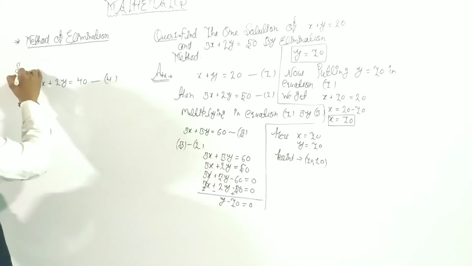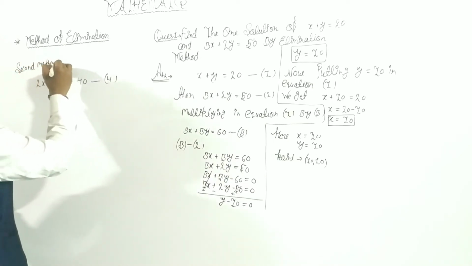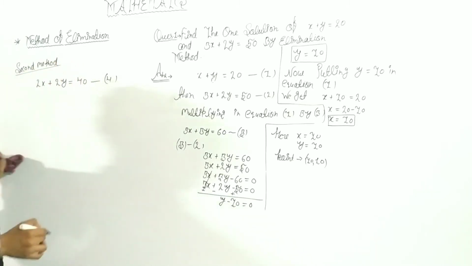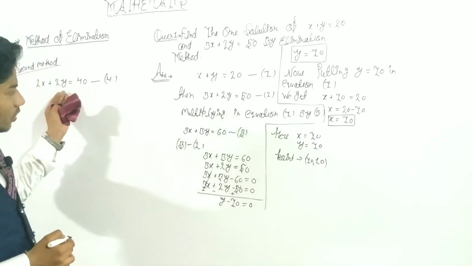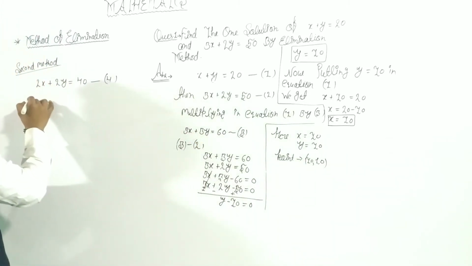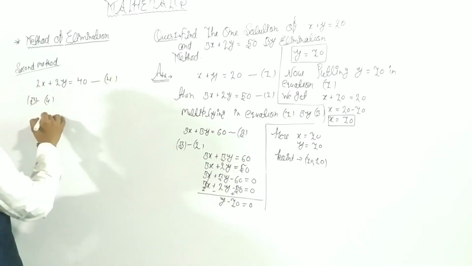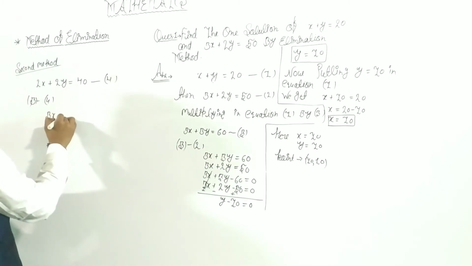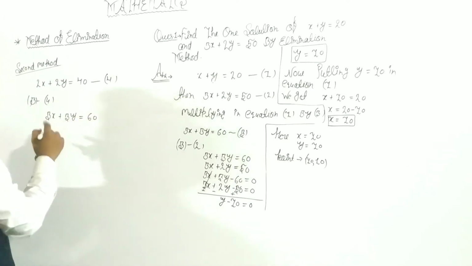It is your second method. Now we subtract this equation from this equation. Equation 3 subtracted by equation 4, 3x plus 3y is equal to 60, subtracted from 2x.